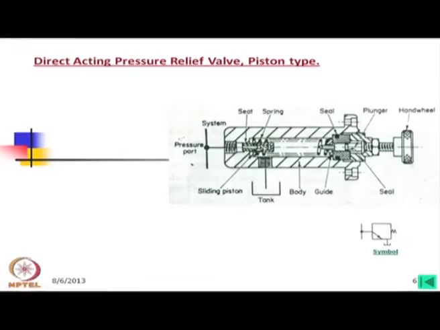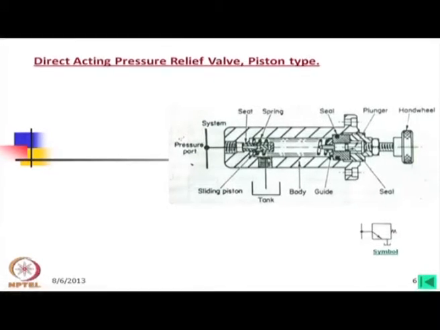You may consider this is a piston and this is a cap. When the pressure rises, there will be thrust, and this gradually moves outside. There is a hole on this cap, and through this hole the oil will come and go to the tank. The other mechanism is more or less the same as in the poppet type valve.